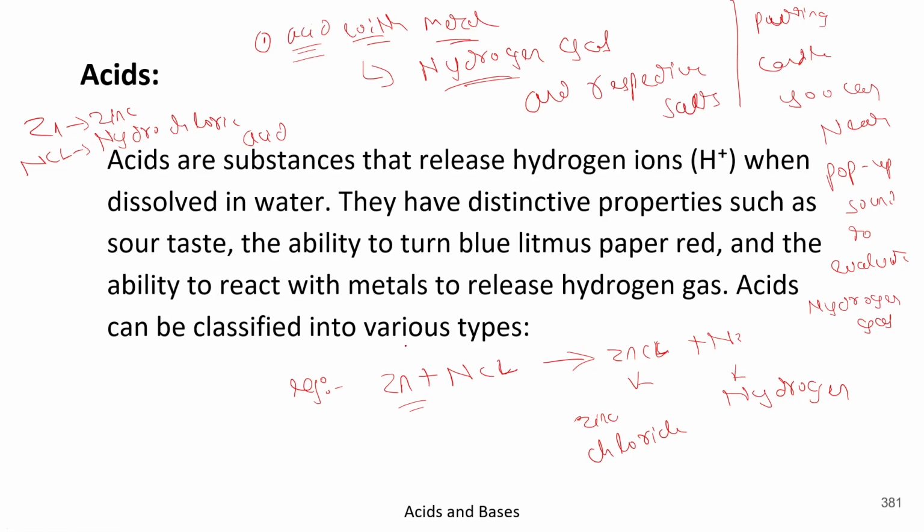Basically, if this is the place where you react acid with metal, and you put your candle nearby, the candle will produce a pop sound, and this pop sound is an indication that hydrogen gas has been released. Got it? So it is our first situation.